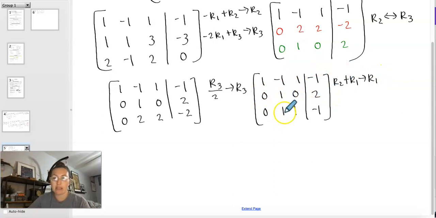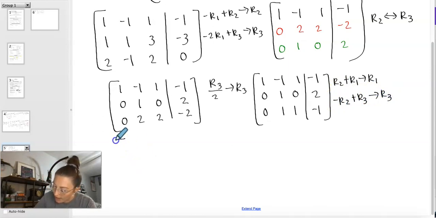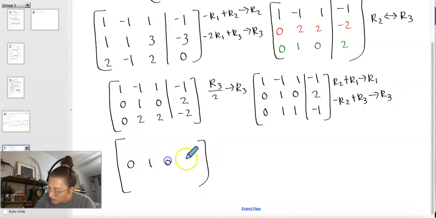And then for this one, I need this guy to be a negative, so I'm going to do negative row 2 plus row 3, and I'm replacing row 3. Alright, so the only row that's not changing is row 2: 0, 1, 0, 2. And we don't want row 2 to change at all anymore because it's solved.